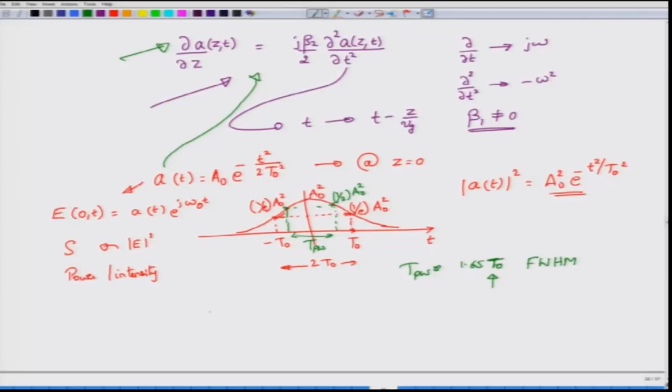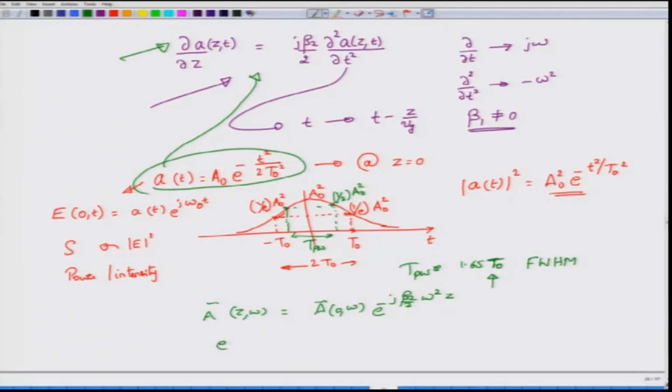So, I am going to write down that the pulse at z, omega, maybe I should have used a capital A here, let me go back and use a capital A, is given by A of 0, omega, which is the Fourier transform of this A of t, multiplied by e power minus j beta 2 by 2 omega square z. What is the Fourier transform of a Gaussian pulse? I know that the Fourier transform of a Gaussian pulse is also Gaussian, but it is also important to know the expressions.